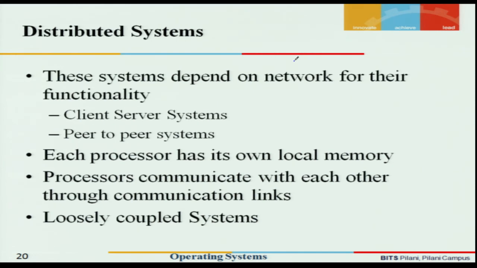Every client would try to access the server over the network. So for a client to be able to access the server over the network, we find that the network is a vital component. Network is an essential component. So there is one server, and there can be a number of clients which could be accessing it.